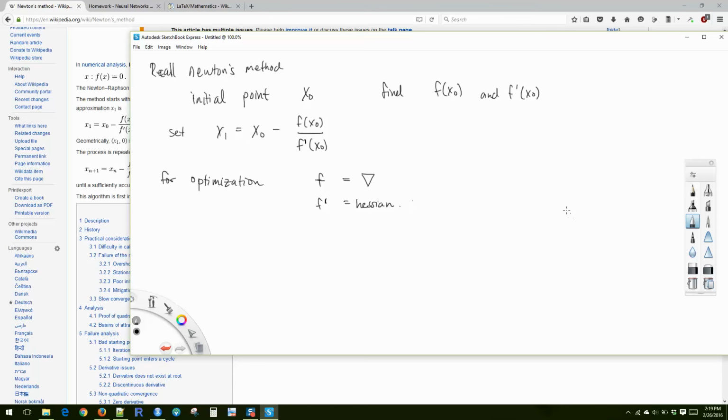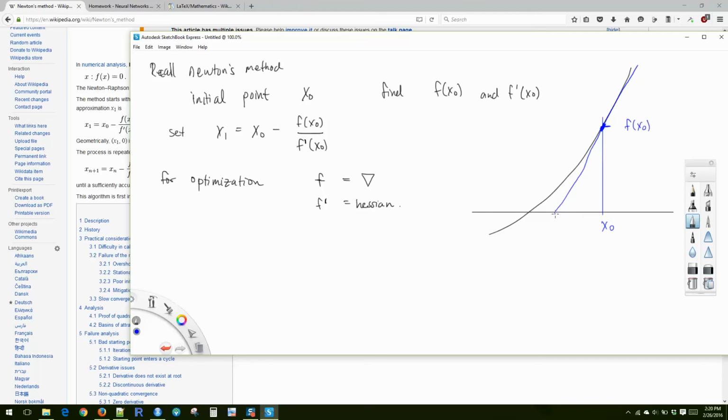Okay, and then when you apply this to some kind of function, if this is your point x0, you find at this location f of x0, okay? And then you find the slope at that point right here. This is supposed to be tangent, okay?